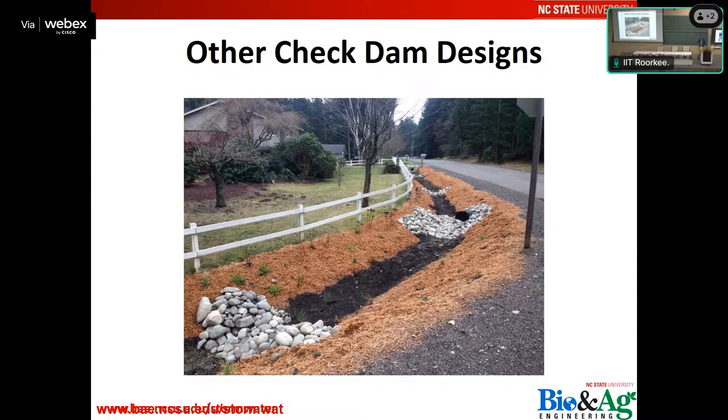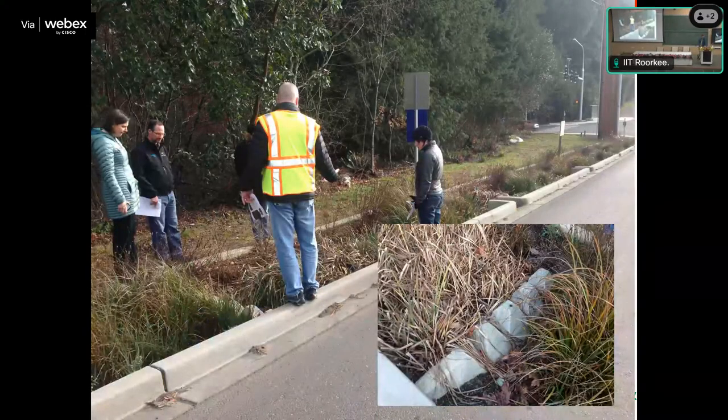Check dams block the flow to some extent, or certainly slow the flow down. Here's some more ultra urban ones, and this might be more of an example of what you'd have here in Rookie, where the water comes off the street and then flows in these contained boxes, concrete boxes almost, for treatment. And you can see an example of a check dam there.